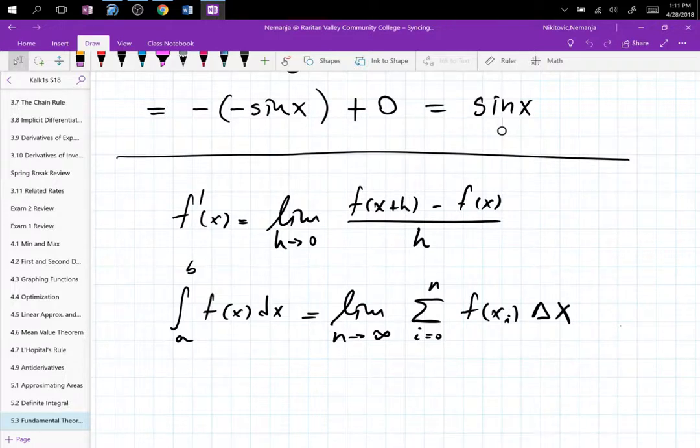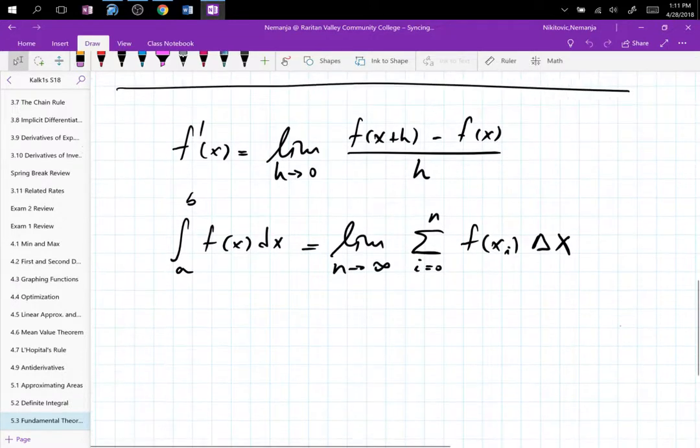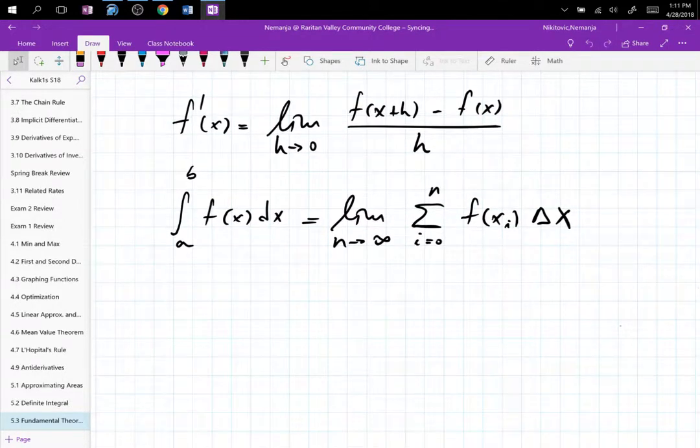Come on, just state the obvious and class is over. You are looking at the two formulas, one for derivatives, one for integrals, and I am asking you to tell me exactly how they are opposite, why they are opposite.